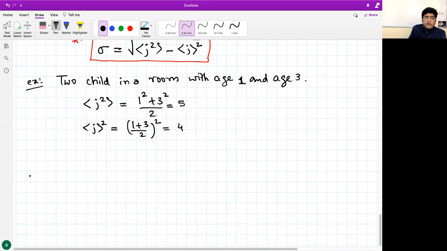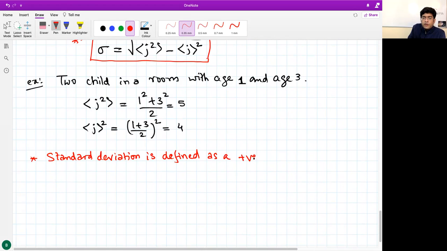Now, an important point to remember is that standard deviation is defined as a positive quantity.